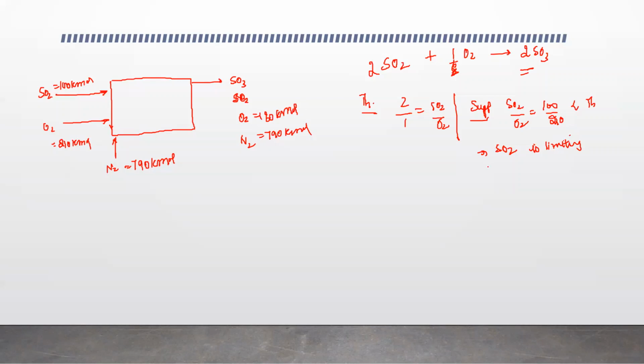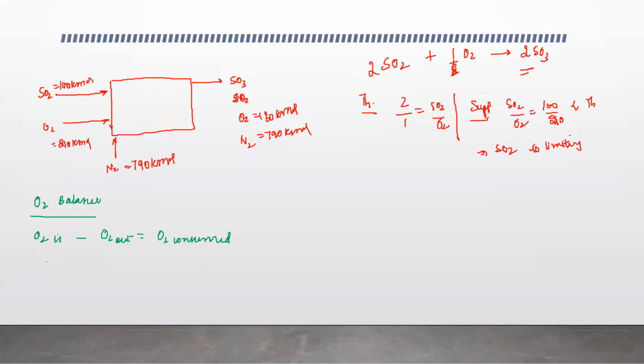Now, but since we don't know whether the reaction has proceeded till completion, so we cannot say SO2 directly equal to 0. So we know exit stream of oxygen and inlet stream information of oxygen. Therefore, we are first going to do oxygen balance. So when we do that, we'll get oxygen in minus oxygen out is equal to oxygen consumed or oxygen reacted.